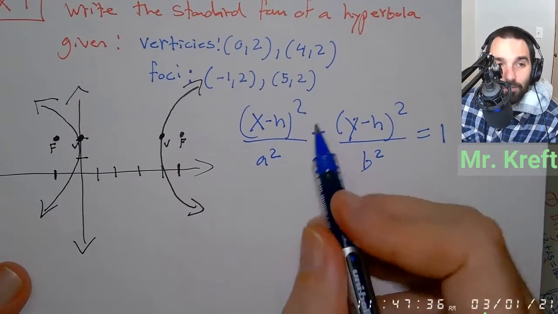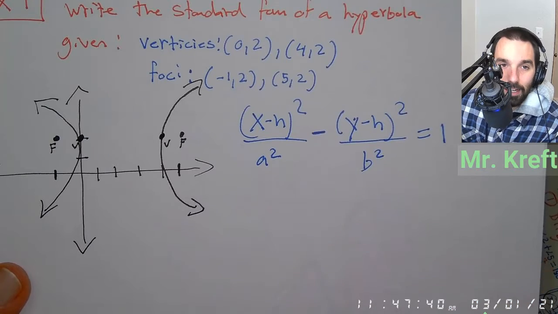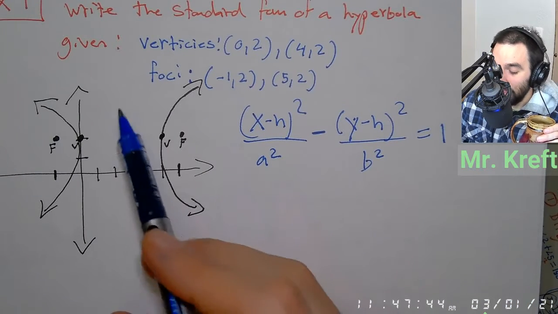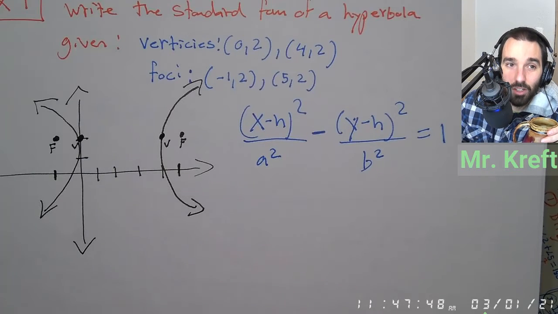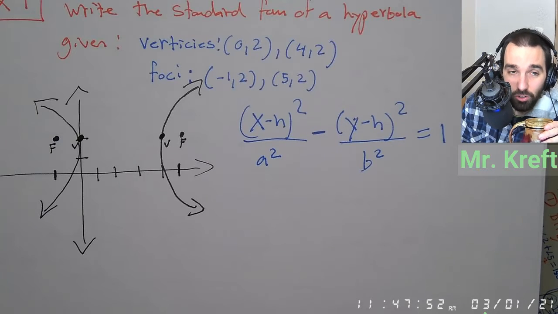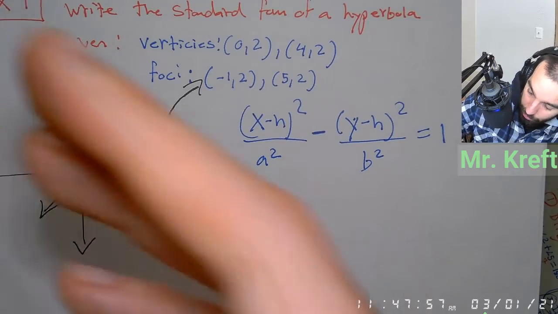We need to find the center, a, and b. Notice we can't find b from the information given, so we have to find c and then find b through the equation on the side.